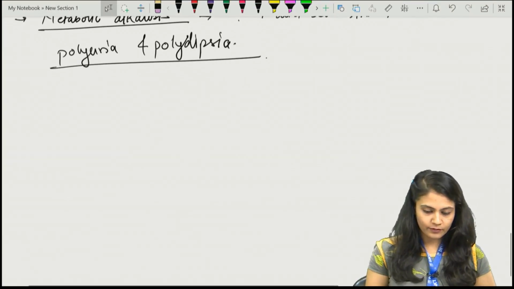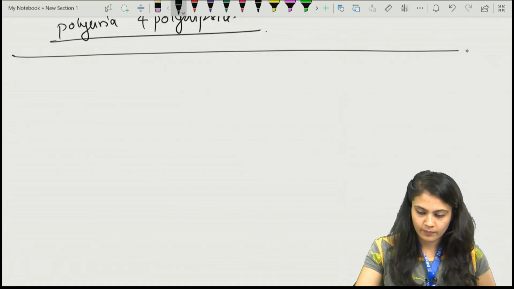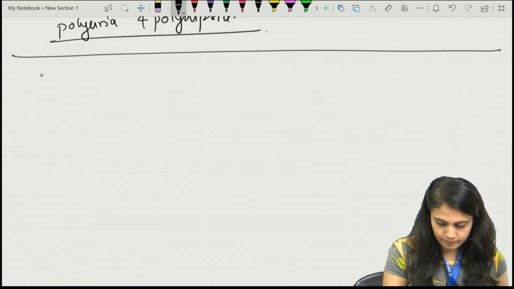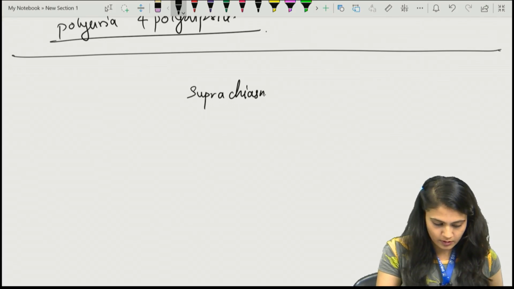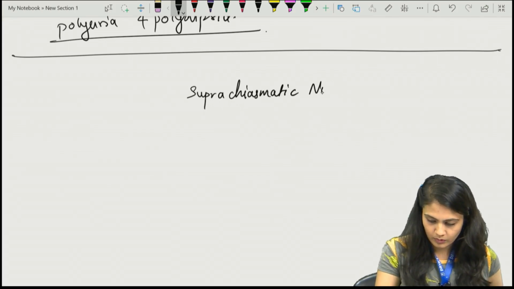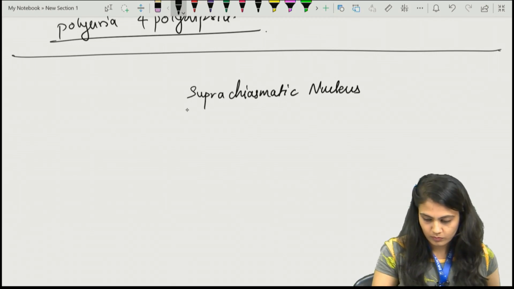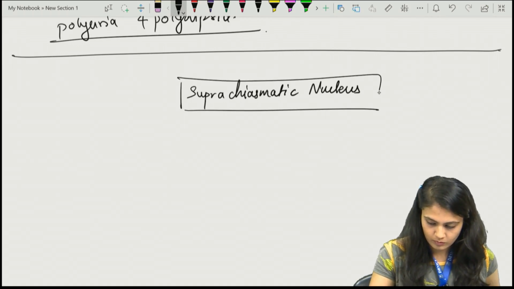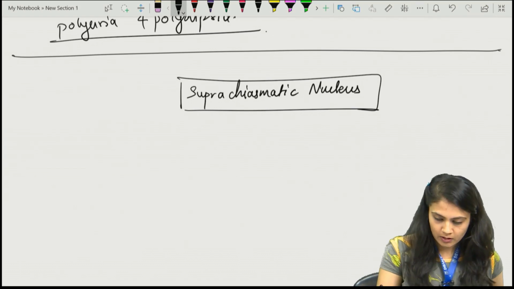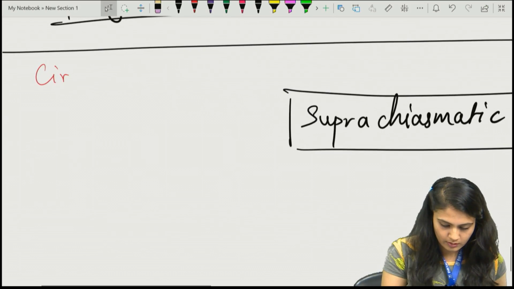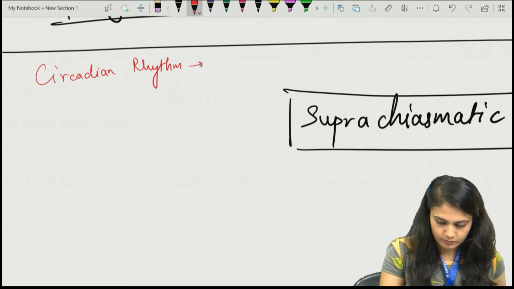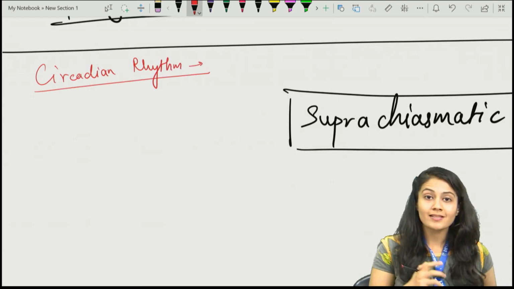If we have to know the mechanism of it, we are looking at the suprachiasmatic nucleus and the circadian rhythm. What is circadian rhythm?